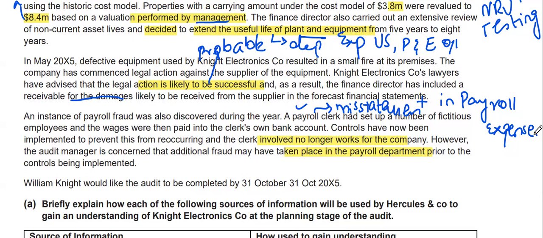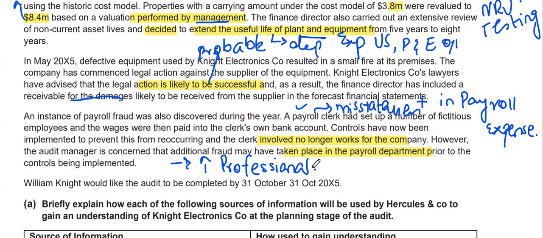So what should be the auditor's response? If you write here that auditors should increase professional skepticism and be alert to other frauds in the payroll expense, it will also get you 1 mark. Auditors should focus on additional testing on the payroll and additional procedures to identify the fraud and any necessary adjustments.